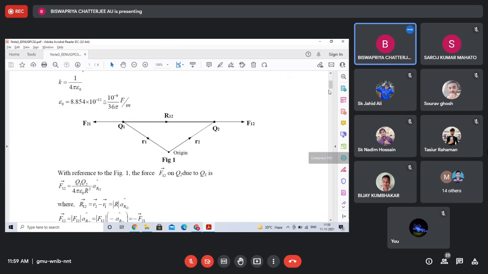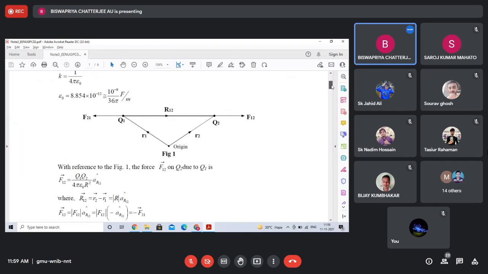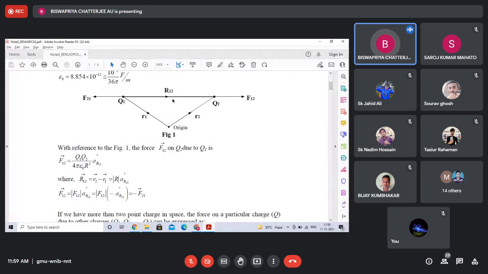In this diagram you see the direction of R12 is directed from 1 to 2. So it is basically R2 minus R1.